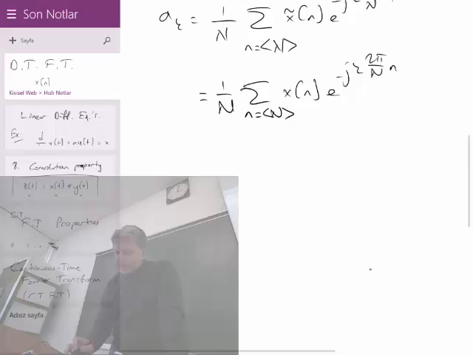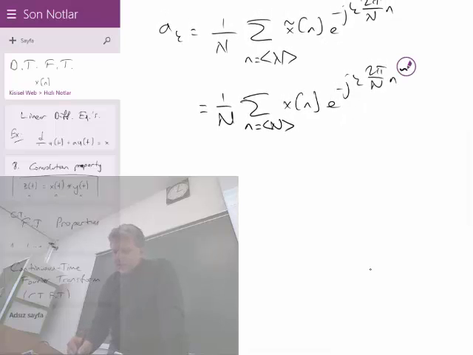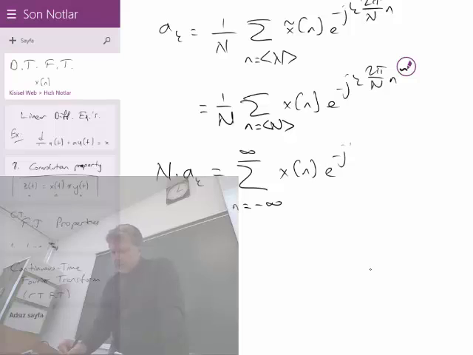And at this point I will make a definition. This denominator, capital N here, if I multiply with a k, I will have N times a k. This is a new entity which is related with the Fourier series coefficient, is equal to summation. Now, do you agree with this formula? Instead of within the range of capital N, I am writing from minus infinity to infinity x of n e to the minus j k 2 pi over capital N n.